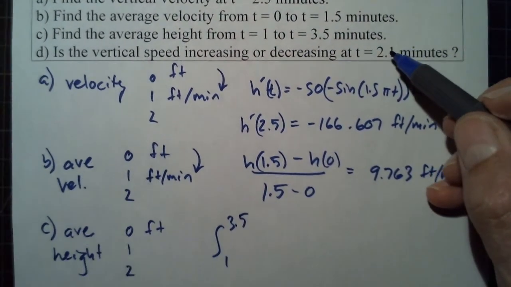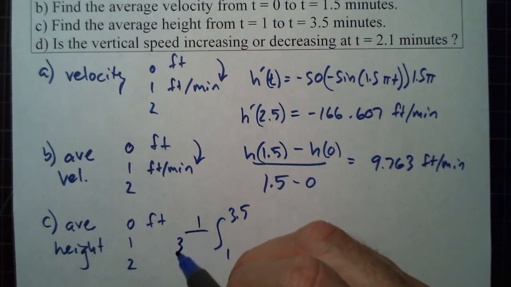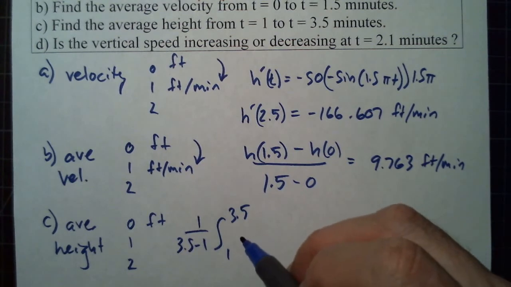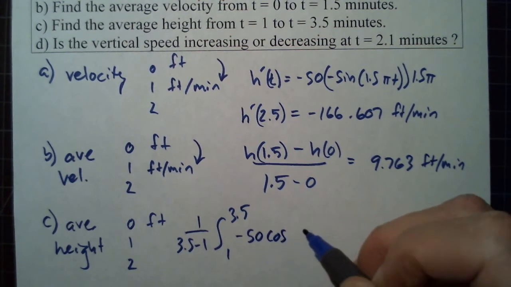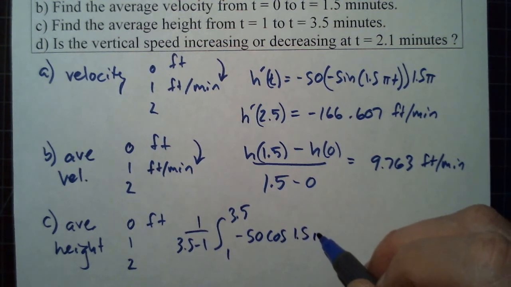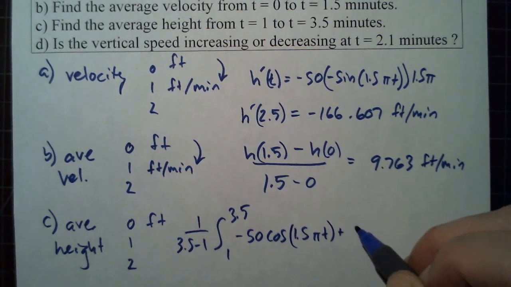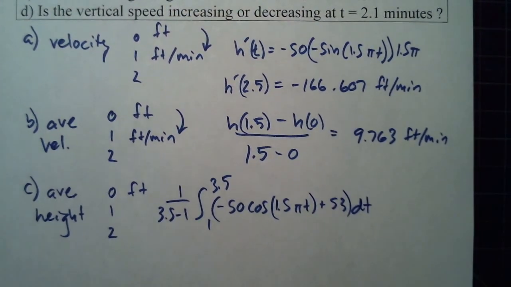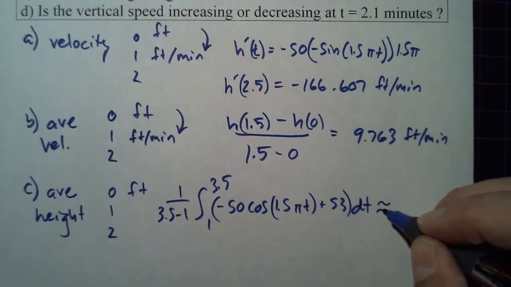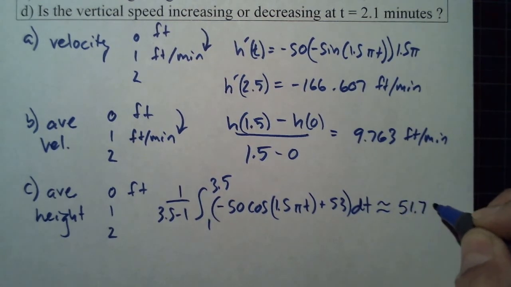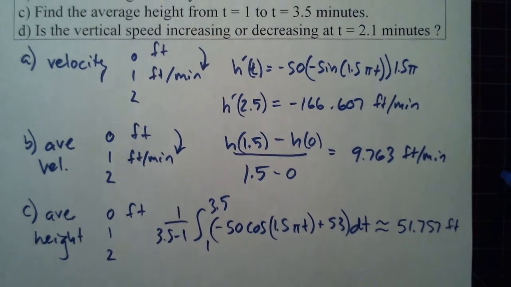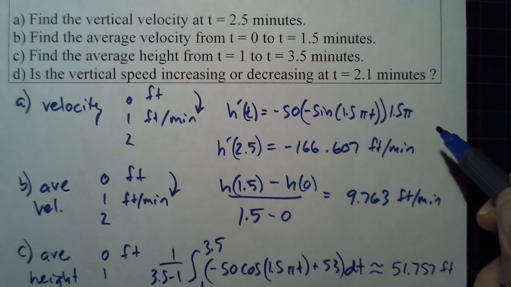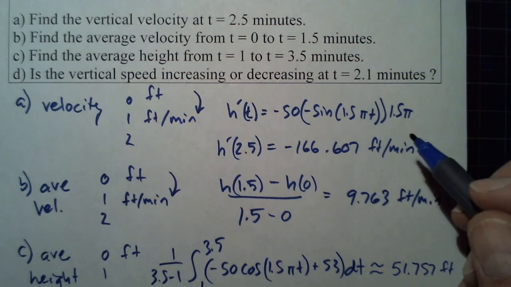We will also do 1 over 3.5 minus 1, and we integrate this, and we'll do that on a calculator. I think these will all be approximate.